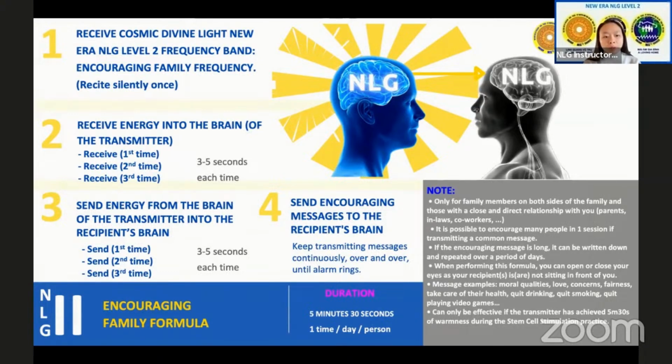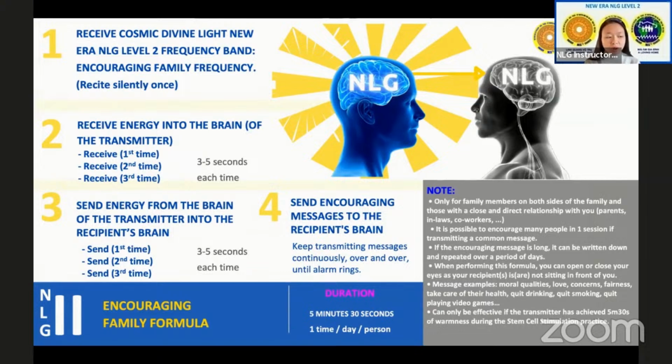That's how flexible you can be in terms of how you practice this formula. If the message is long, you can write it down and repeat it over a period of days. And also remember that it's not that you do it once on the person and then it works. Sometimes it takes days, sometimes weeks, months, or even years.